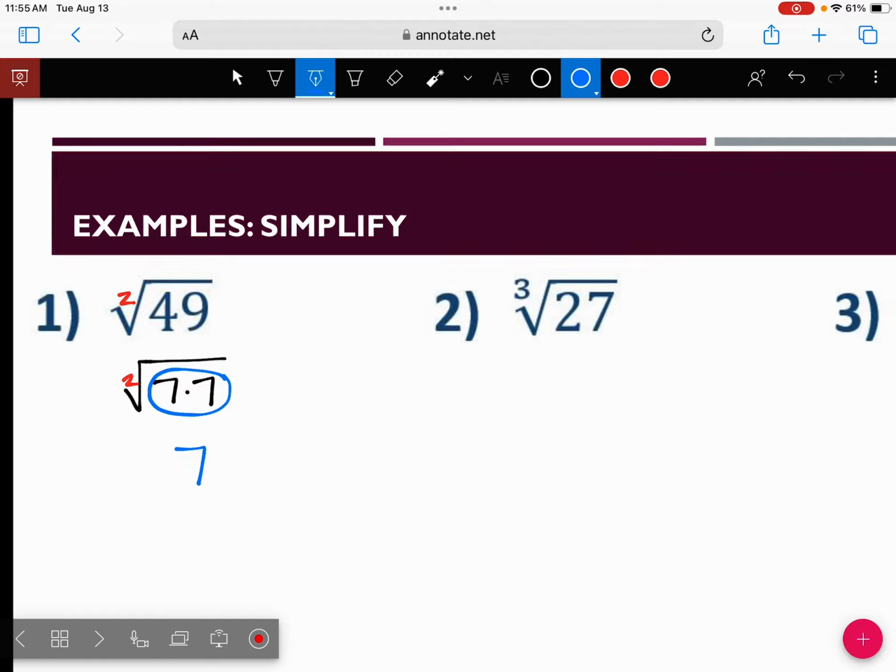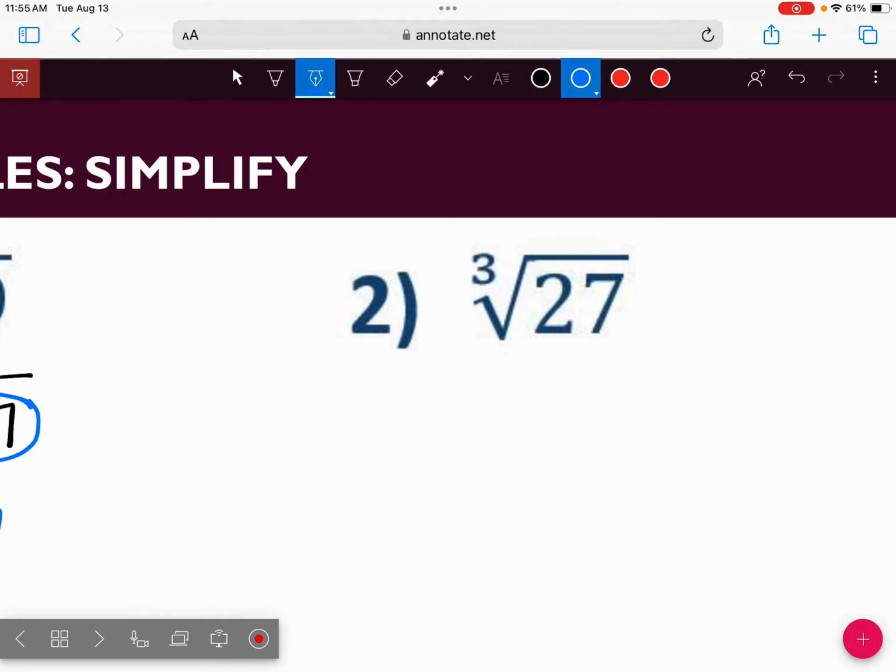Okay? Now let's look at number 2. So now my index changed to a 3. And 27 can also be written as 3 times 3 times 3.